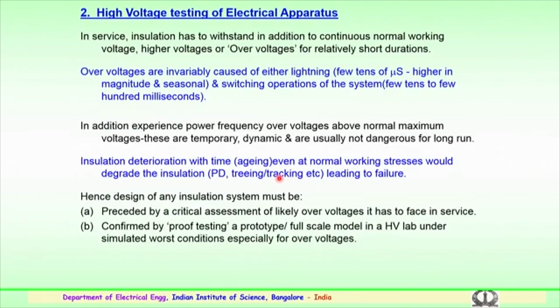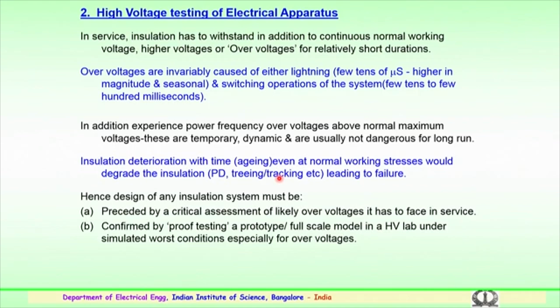The second part we discussed about the non-destructive tests which are carried out for the insulation. The second important is the high voltage testing of electrical apparatus. So, as we know that in service insulation has to withstand, insulation again I mean it could be solid, liquid or a gas, we are referring to the solid insulation, has to withstand in addition to the continuous normal working voltages, higher voltages.